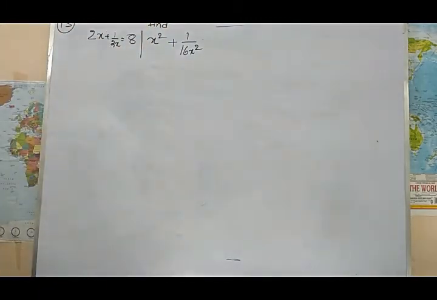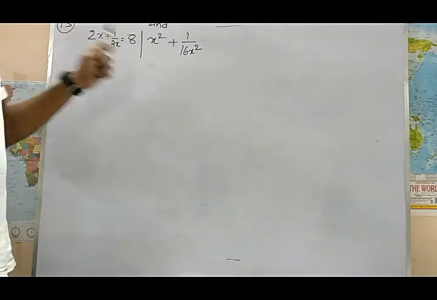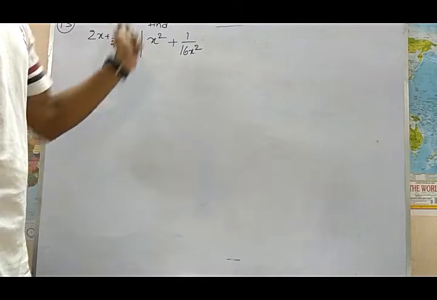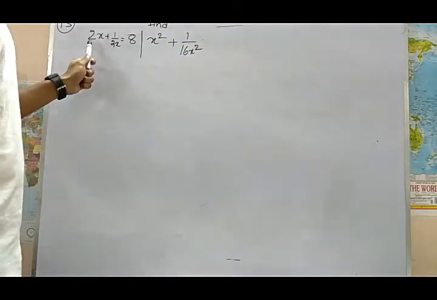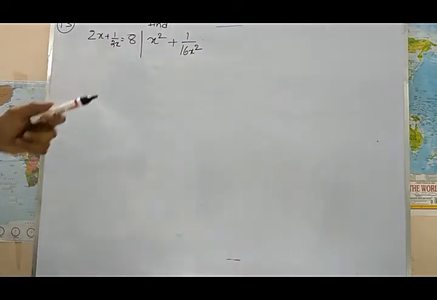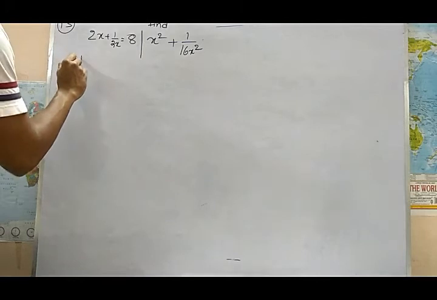See here what we have? We have 2 here, we have 16 here. What we require here? We require 4, so that we will get 4 square equals 16. And see here, we don't require 2 here. So what we need to do? We need to just multiply it with half, 1 by 2.